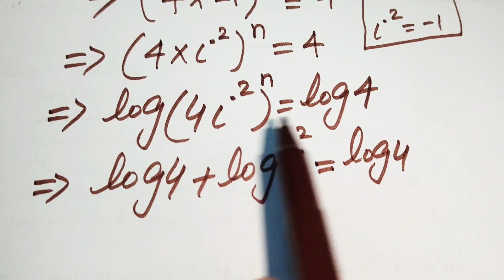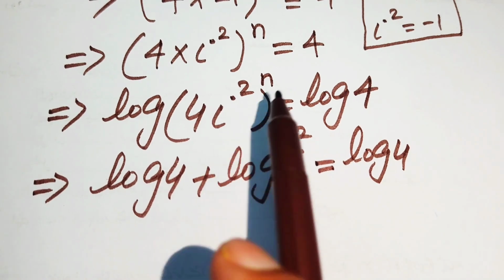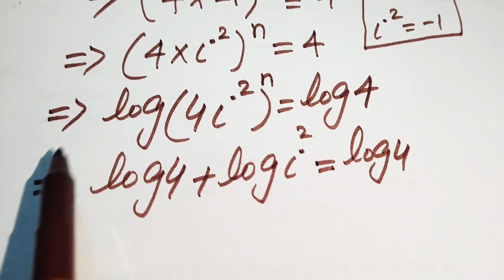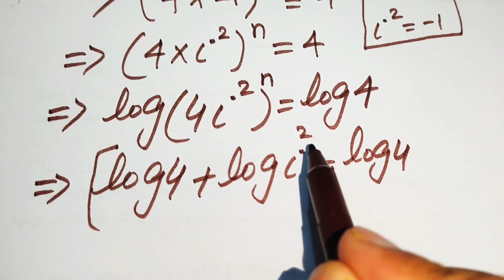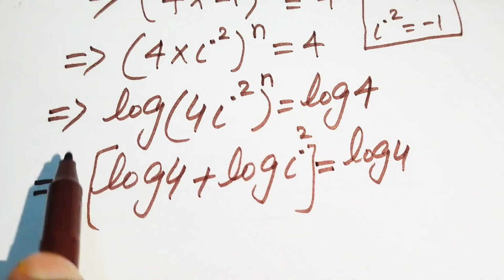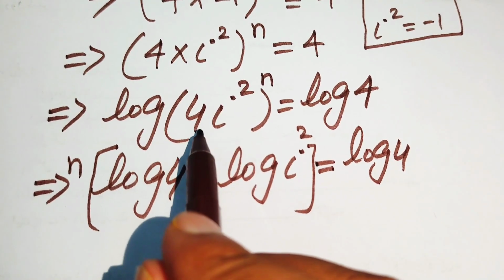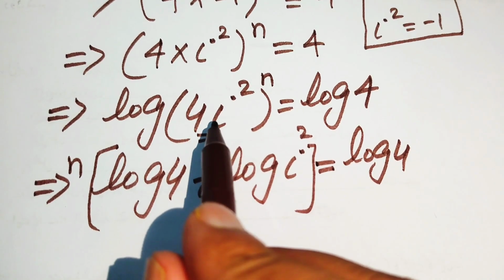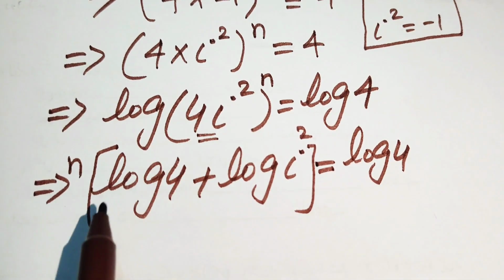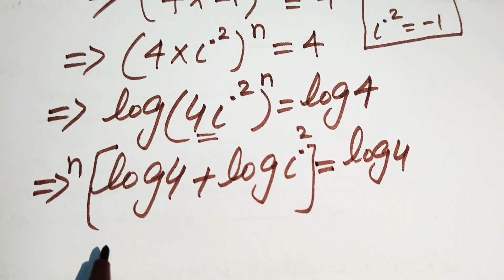So when we take log on both of the sides, we use the property of log, and we move this exponent in the front of this log. So here you have this exponent, it is n, and you see here inside the log we have the product of two terms. So we again use the second property, and we just write this term in this way.